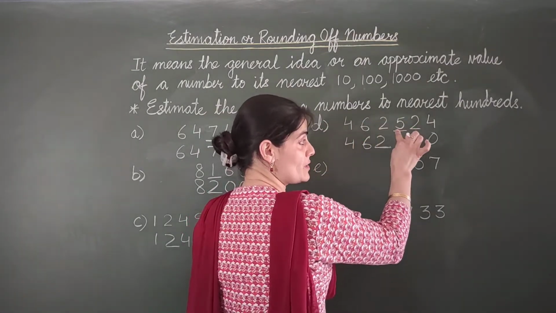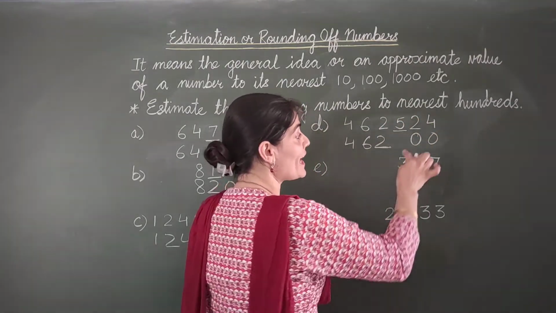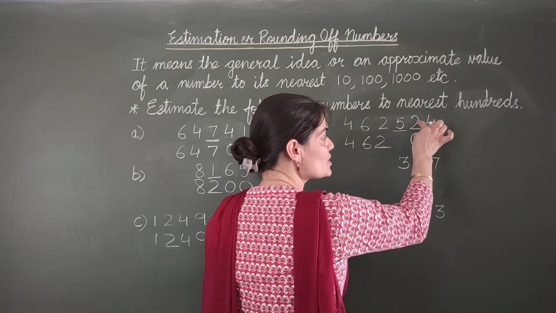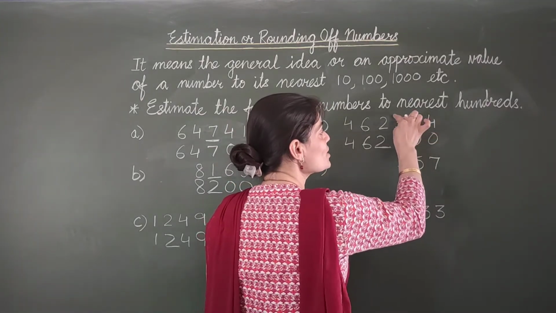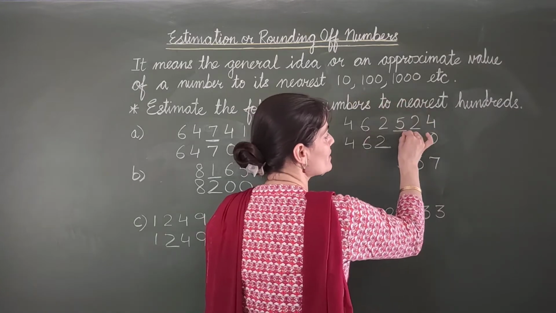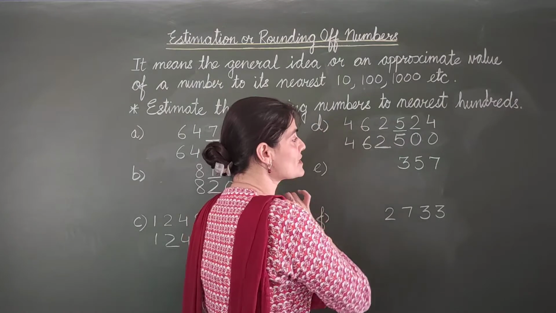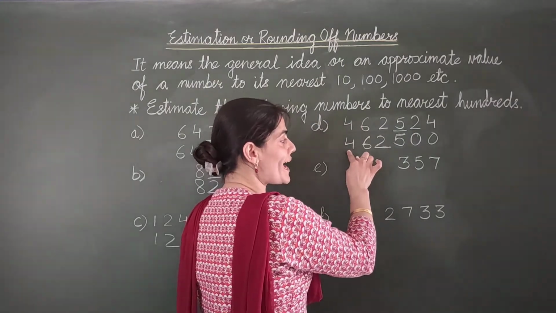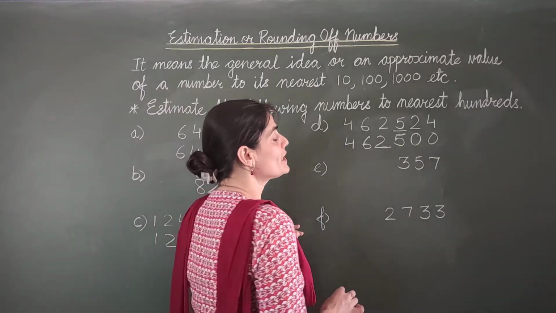It will depend on our observation of the digit at tens place. And I observe that this digit at tens place is less than 5. So, the digit at hundreds place will be written as it is. And that is why I round off this number to 4,62,500.